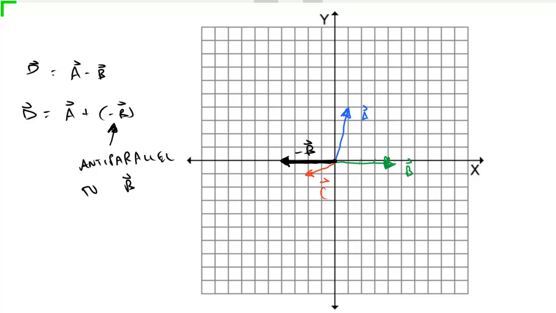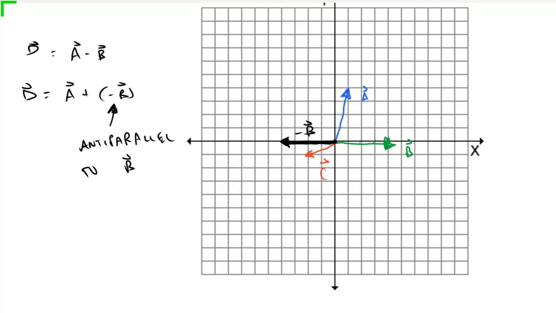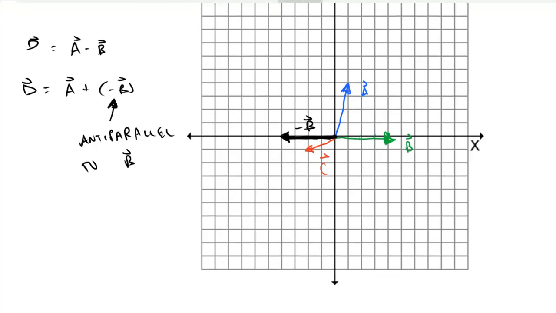So if I wanted to do A minus B, this is A plus negative B. So adding this up graphically, we could start out with vector A up here. And then from the head of vector A, we will move along vector negative B. So vector negative B would move us 4 to the left, 1, 2, 3, 4, and it would move us over this direction.